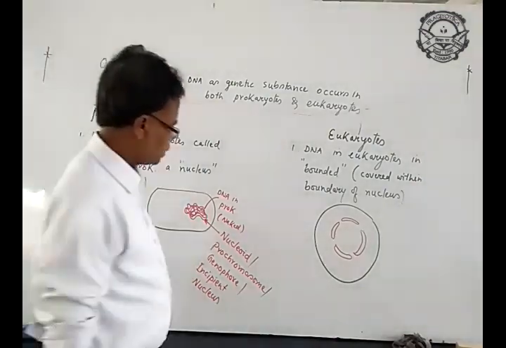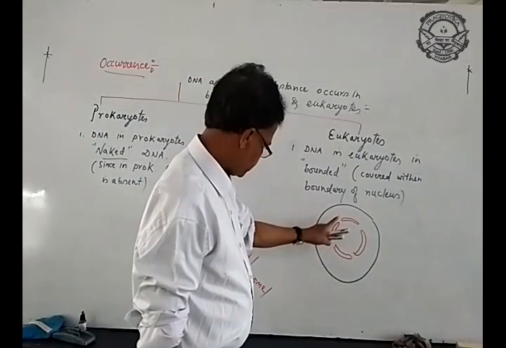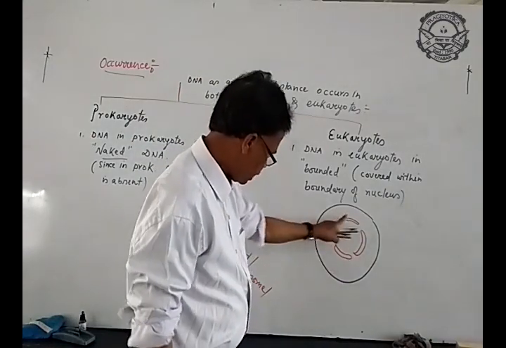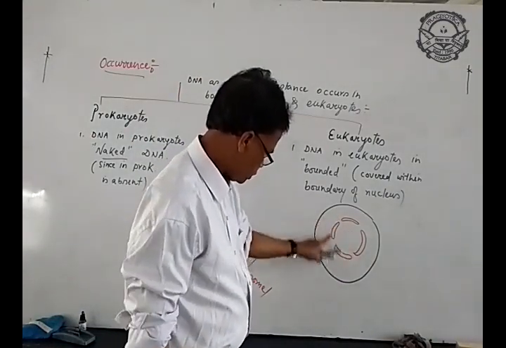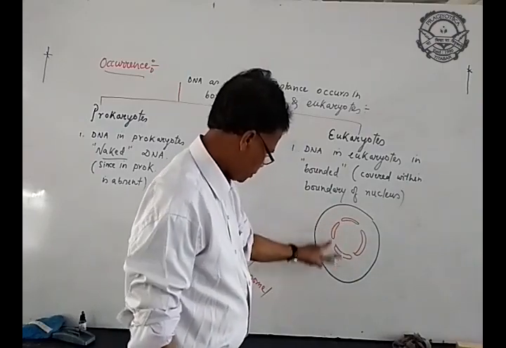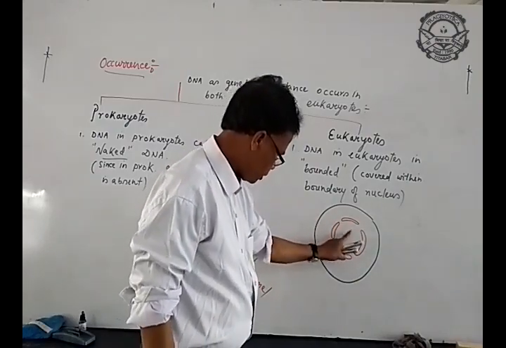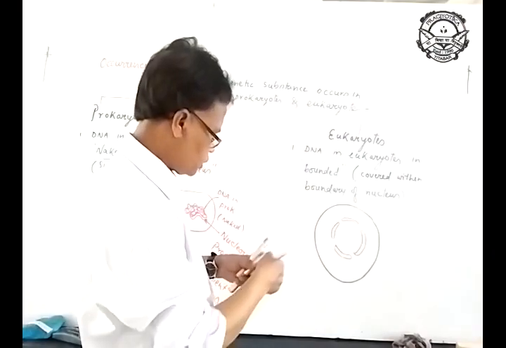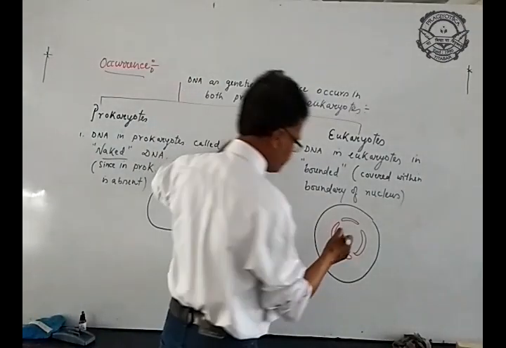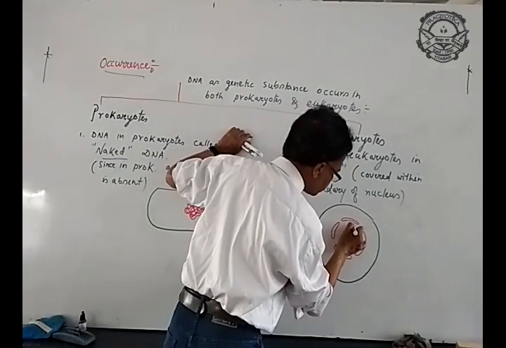In eukaryotes, the DNA is present inside a well-defined nuclear envelope, which is called the nucleus. DNA occurs inside the nucleus in the form of chromosomes.